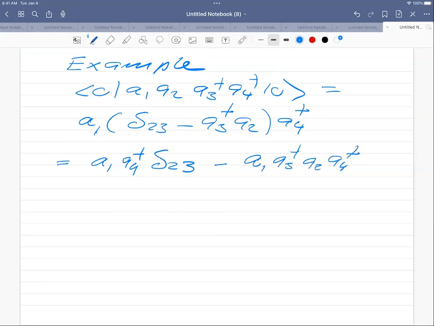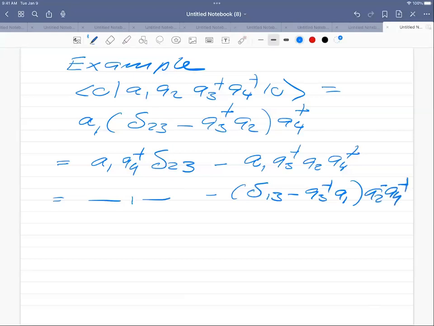And then I can keep manipulating these terms. So this becomes equal, and this is something which I keep as it is. And then I have a minus, and then I have a delta 1, 3 minus A3 plus A1, and then I have an A2, and then an A4 dagger, like this. And then we can continue.